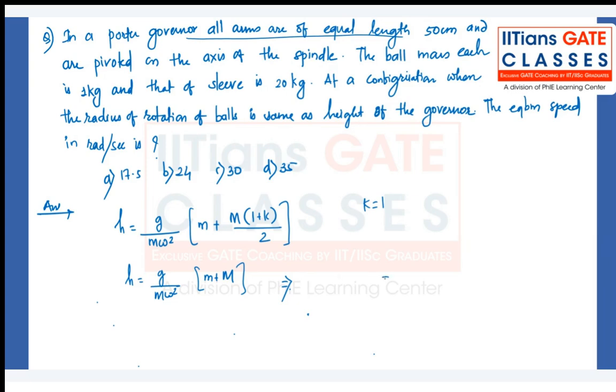So g by omega square into (m plus M). The mass of the ball is 1, and the sleeve is 20, so that is 21. On the right hand side you will have g divided by 1 omega square into 21. On the left hand side you have the height h, which is 50 by root 2. Because it is 50 centimeter, it is 0.5 by root 2.